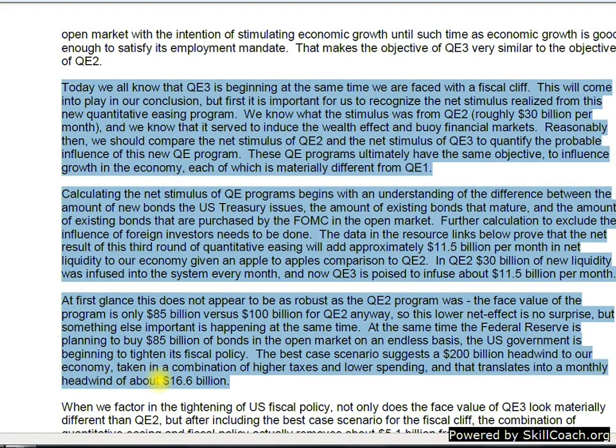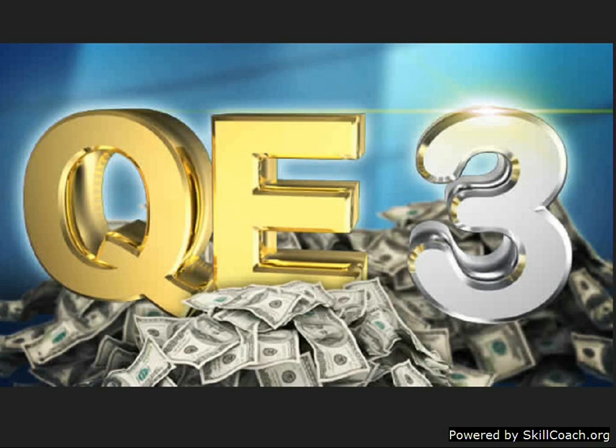And my estimates suggest that what we have already will cause a drain on liquidity on a monthly basis of about $16.6 billion, therefore offsetting the $11 billion of stimulus that would otherwise be there if QE3 were standalone. But it's not. Fiscal policy is there too.